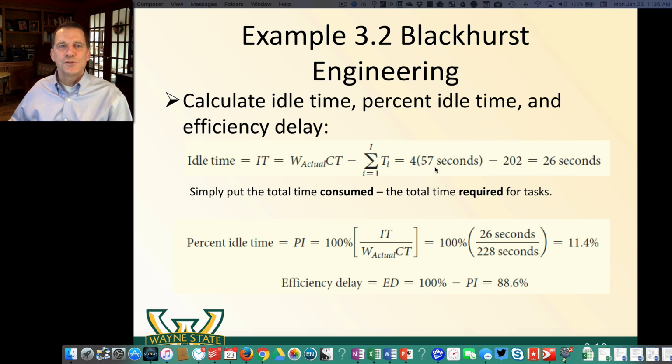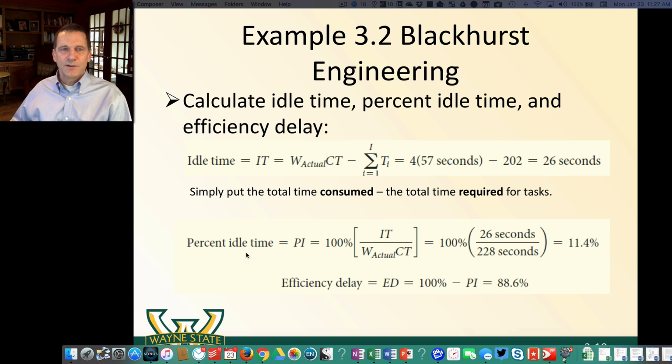So we're going to consume 228 seconds, but we only needed 202 to complete all the tasks. So we have 26 seconds of idle time. Okay, simply put, the total time consumed minus the total time required for the tasks gives us our idle time.